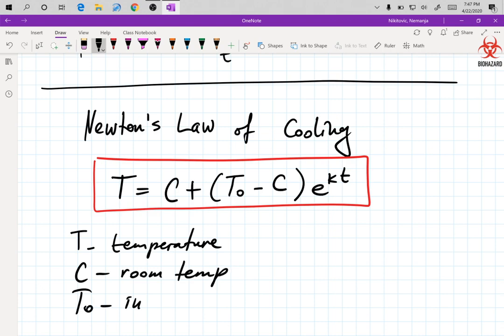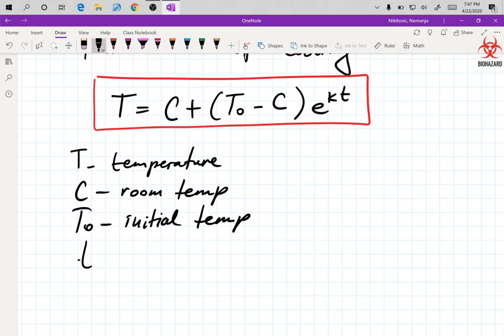T0 is the initial temperature. t is the time. Define minutes or hours, but you have to be consistent, right? And K is just a coefficient, right?